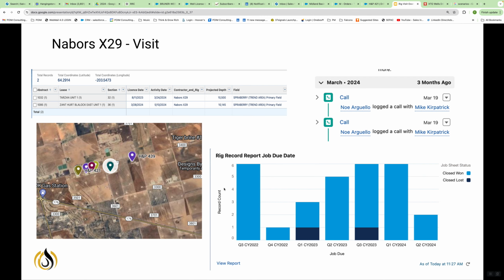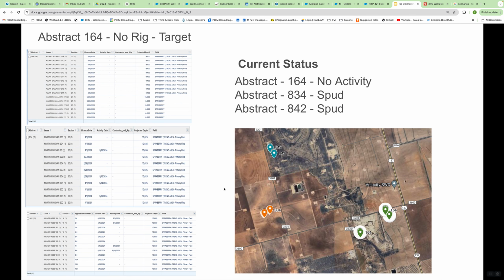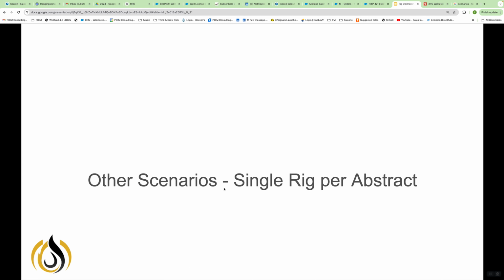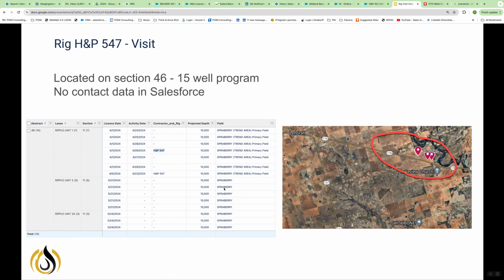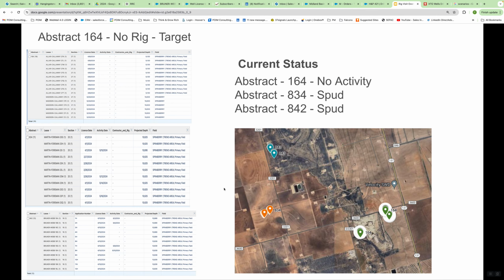And then for talking to X29, 421, as well as 547, with the objective of trying to find out what's going on here with these groupings of drilling. Are they going to put one rig, two rigs? Where are they? And I would say these two are the primary ones. Then are we going to see some activity on that side of it?